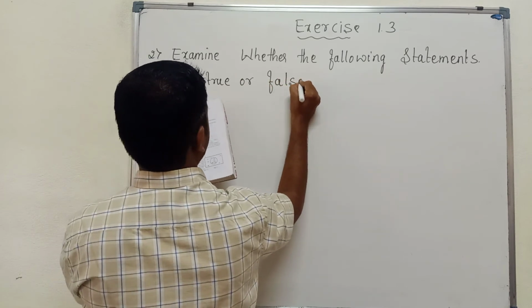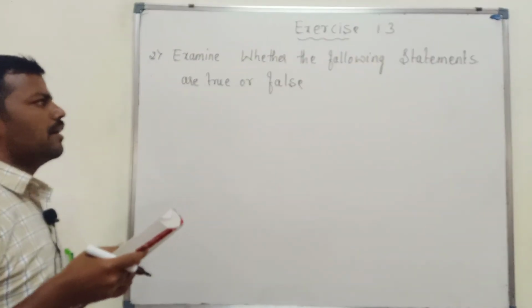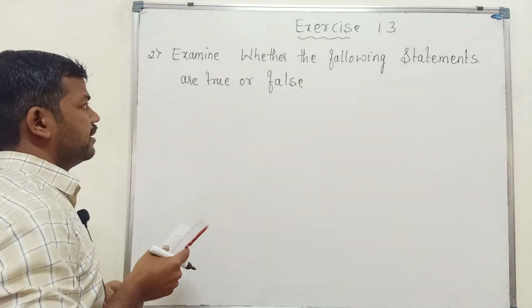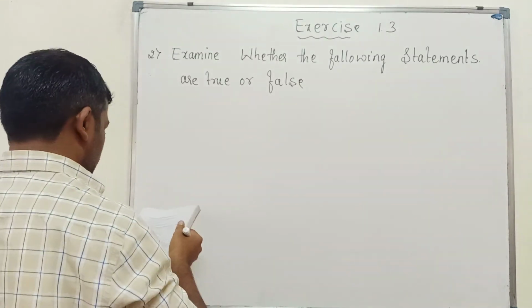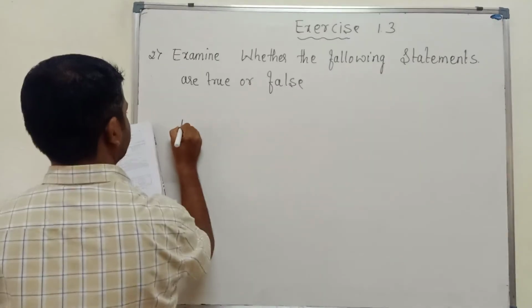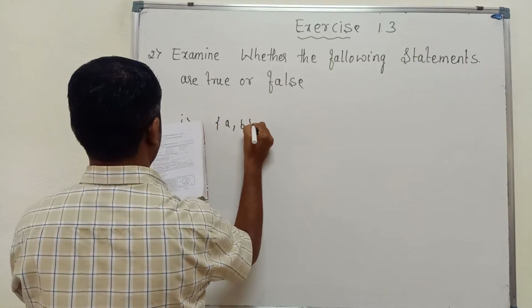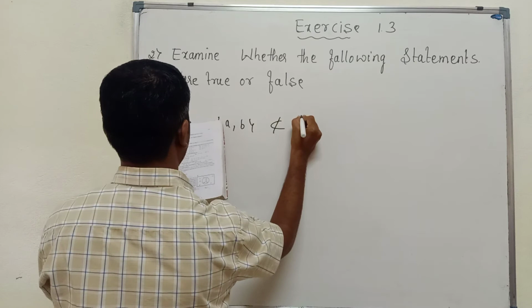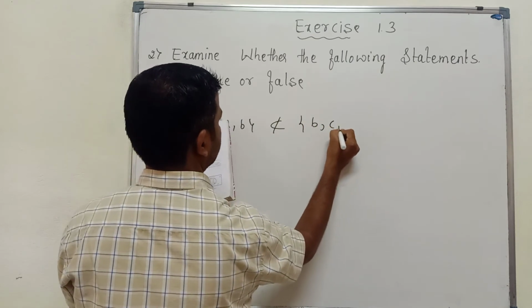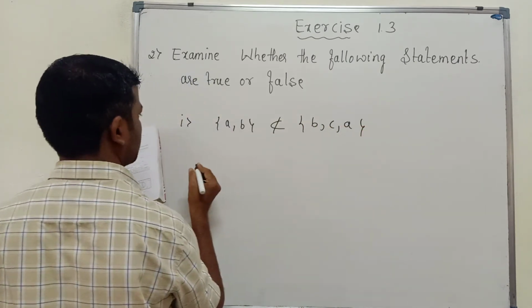True or false? Examine whether the following statements are true or false. So first I will write the following statements. The first one is {a, b} is not a subset of {b, c, a}.